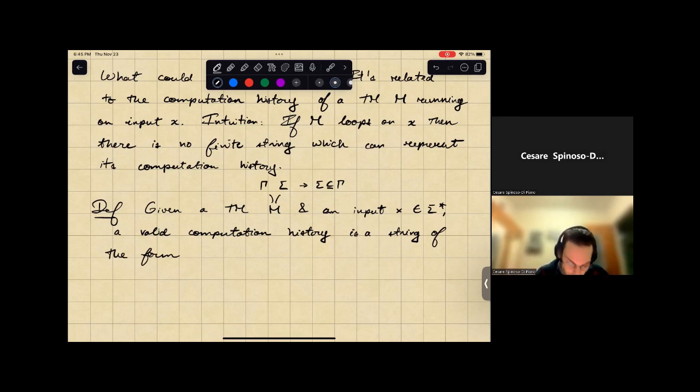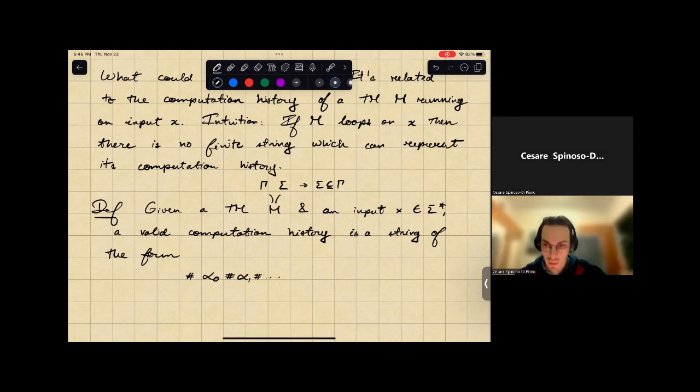The first letter of the string is a hash. Then it's the first instantaneous configuration, which I'm going to represent with alpha 0. Then it's another hash, right? So the hash is kind of like the separator token. Then it's another instantaneous configuration, alpha 1. And so on, right? This keeps on going.